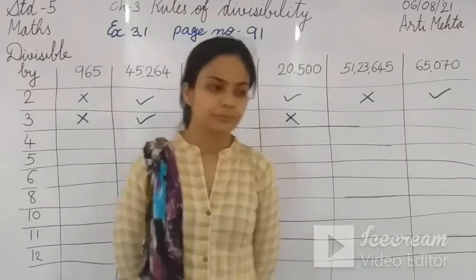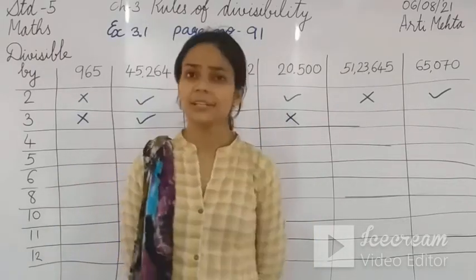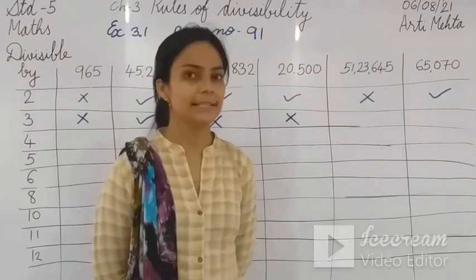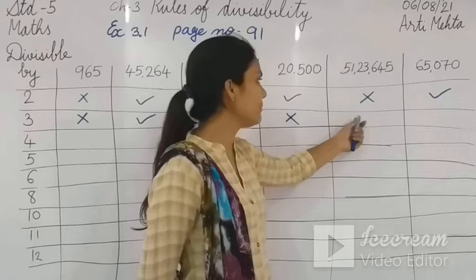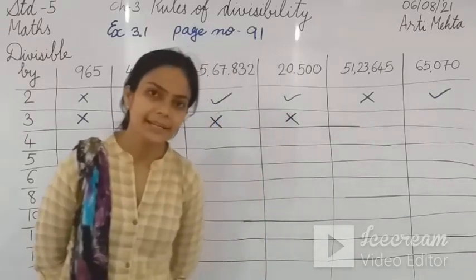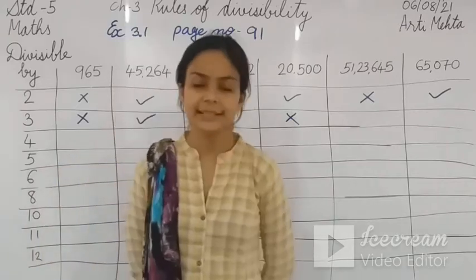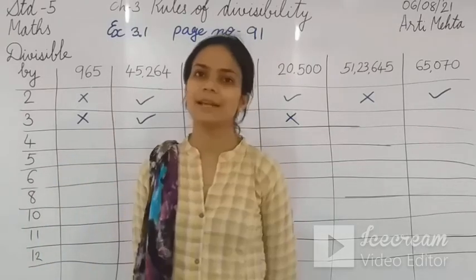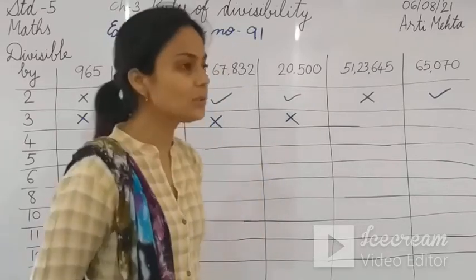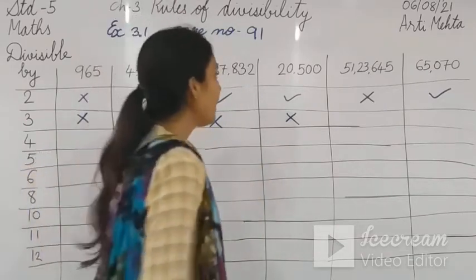26. Okay. 3 7s are 21, 3 8s are 24, 3 9s are 27. Okay. Here the sum is 26. Now 3 8s are 24. Okay. So 3 8s are 24 है तो 26 minus 24 तो क्या आएगा रिमाइंडर 2 आएगी. Okay. So 26 is not divisible by 3.